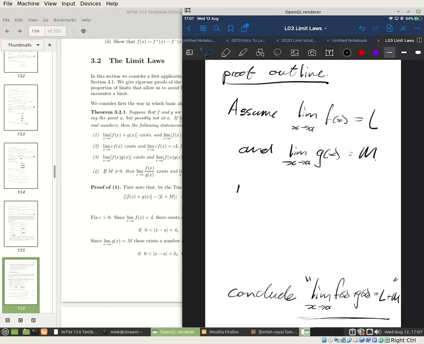So we want to fix an epsilon because we want to show it for any epsilon. Then we must define a delta.